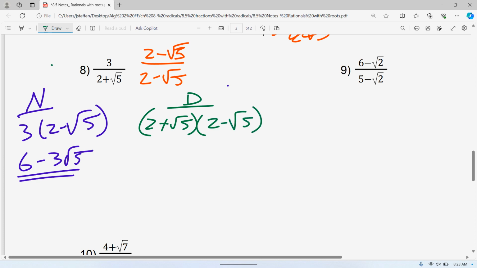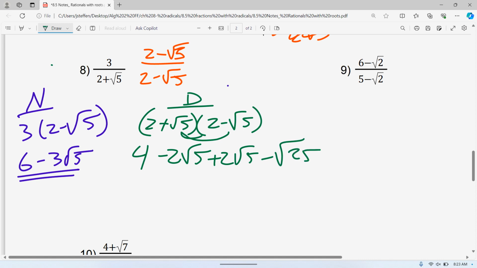Just like we've always done, 2 times 2 is 4. 2 times negative root 5 is negative 2 root 5. Then go back, root 5 times 2 is positive 2 root 5. And square root of 5 times negative square root of 5 is negative square root of 25. The whole idea with the conjugate, the reason we use it and it exists, is because when you multiply the conjugates together, all your radicals cancel.